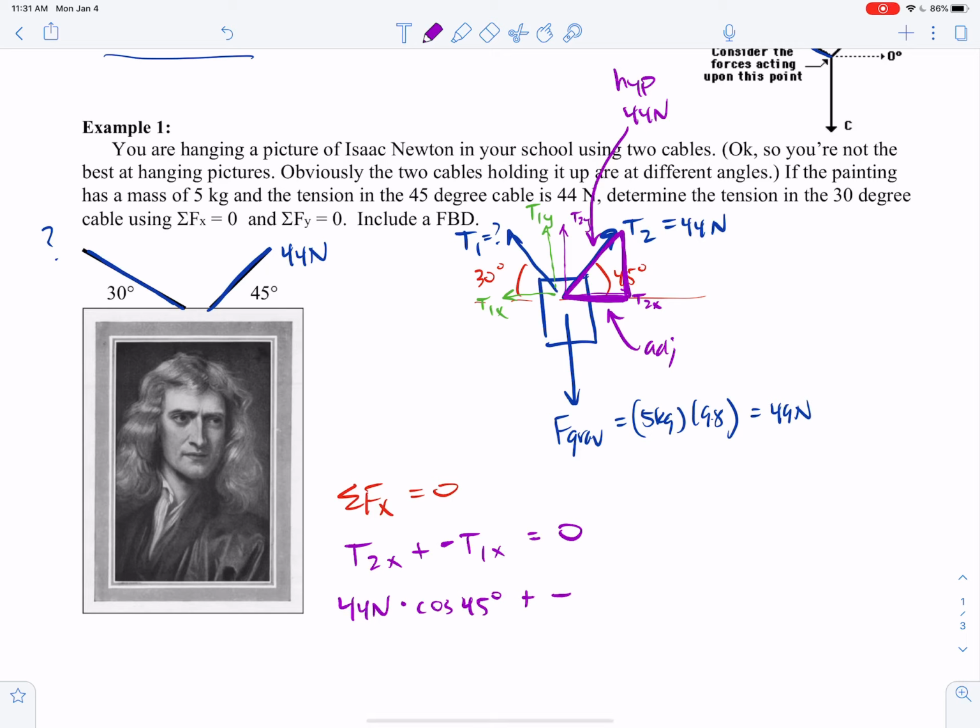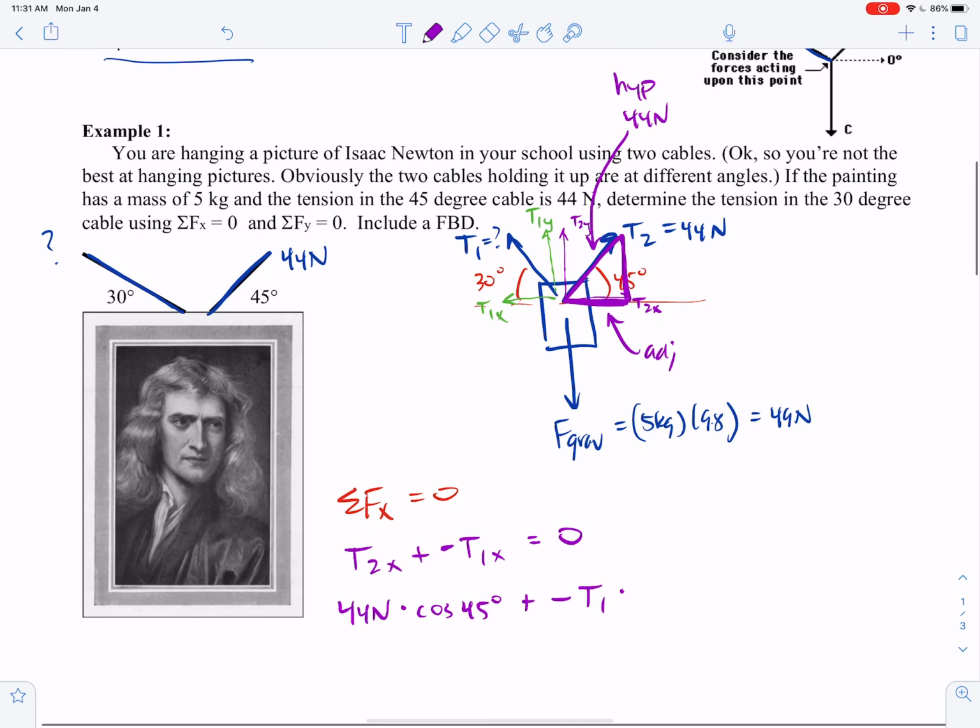Similarly, for T1, T1 is unknown, so I'm just going to call it T1, and its x component is T1 times the cosine of 30 degrees. So I'm talking about this part here, right? And let me help you out by making that triangle a little bit more deliberate here.